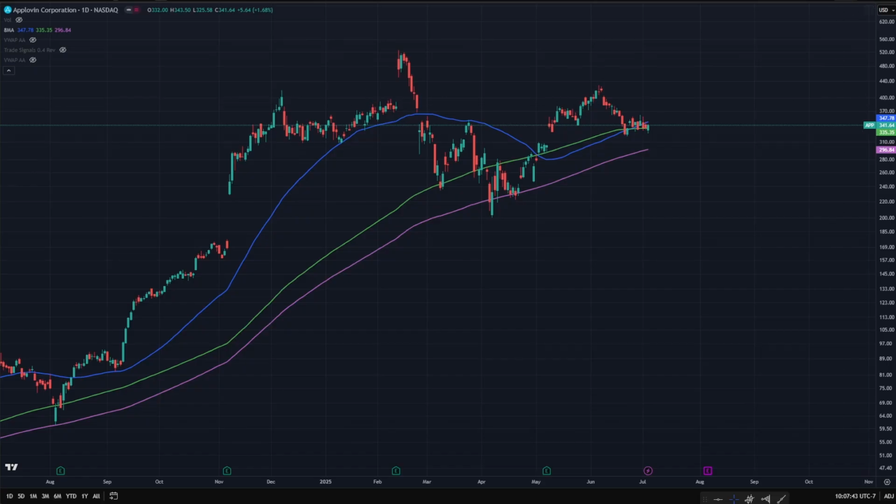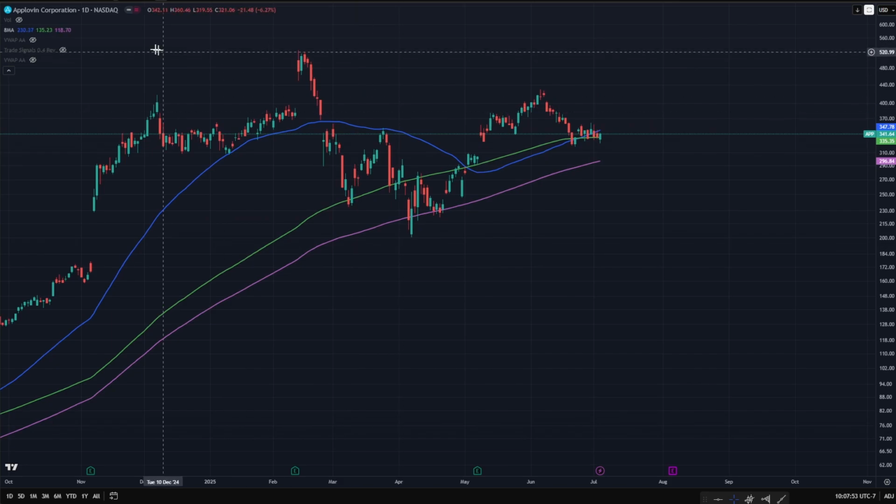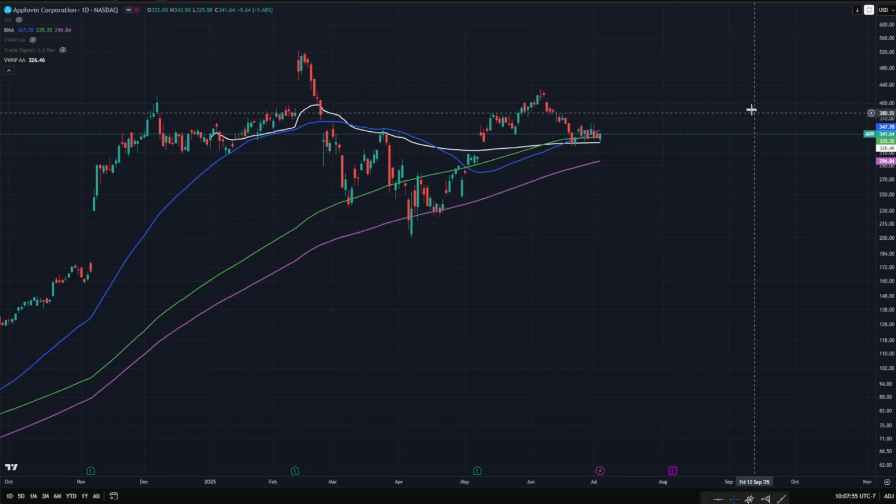I have a position at APP, AppLovin, and the premiums on this stock are really good because it's so volatile. And I sold a put on this stock because I ran a valuation analysis on it, and I saw that every quarter they were really increasing revenue and they had really low debt.